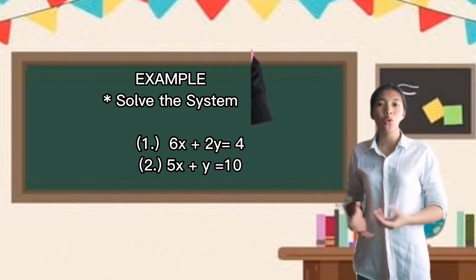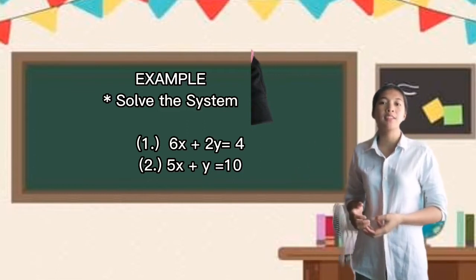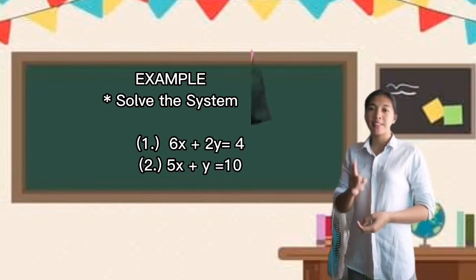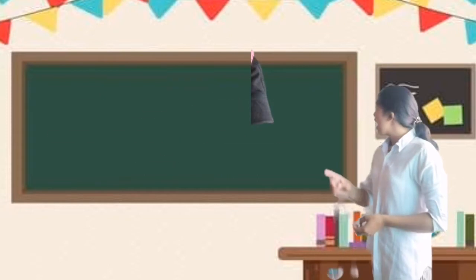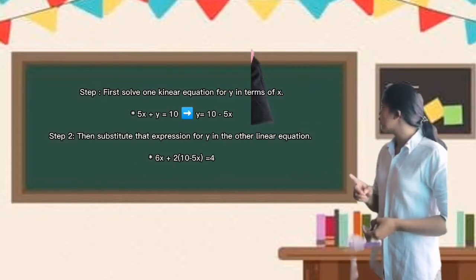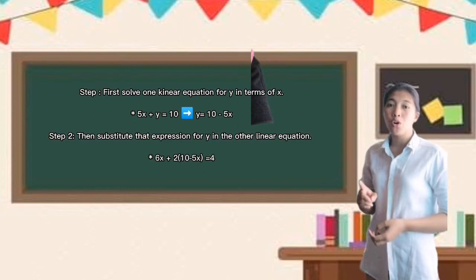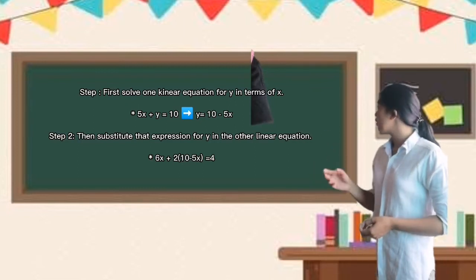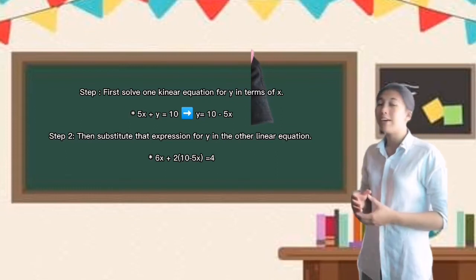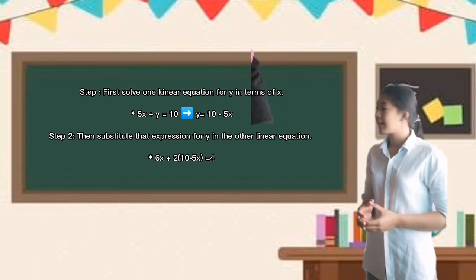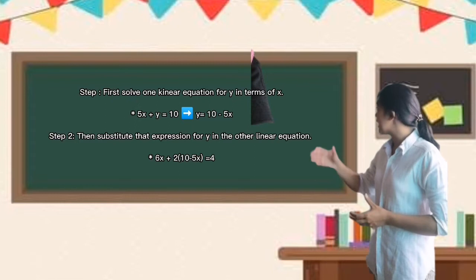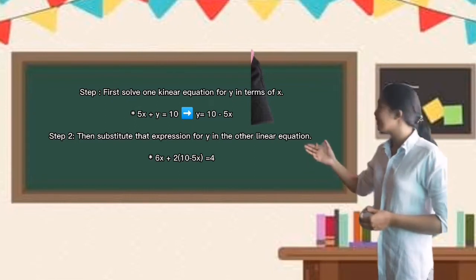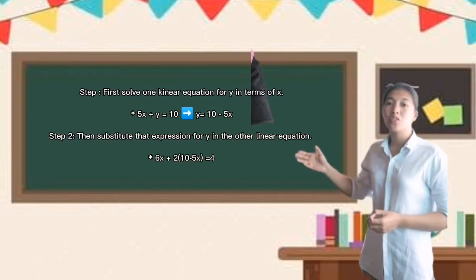So in order to solve a linear equation system using the substitution method, first step, solve one linear equation for y in terms of x. So we must find the expression of y. So we have here 5x plus y is equal to 10.